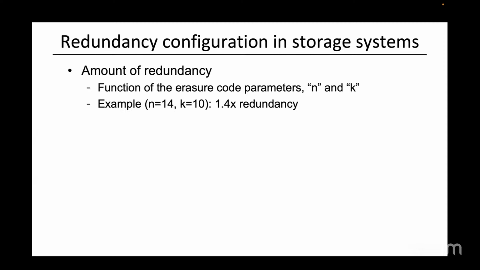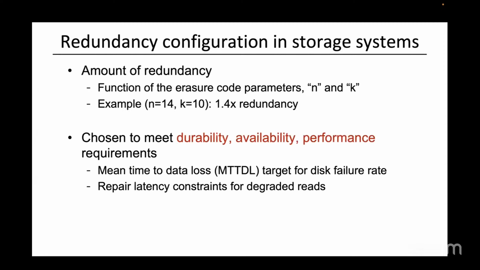These parameters are chosen to meet several requirements, with whichever choice has the lowest cost for meeting those requirements. The requirements are namely durability, that the data is not lost; availability, that you can access the data quickly enough when needed; and performance, which also relates to availability in the sense that when you want to read a data chunk that is unavailable, how quickly can you repair, for instance, in order to serve the read request.